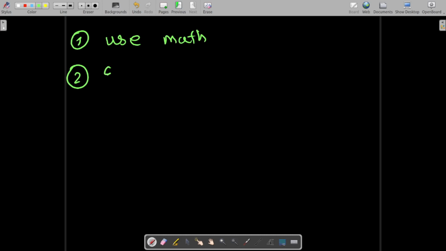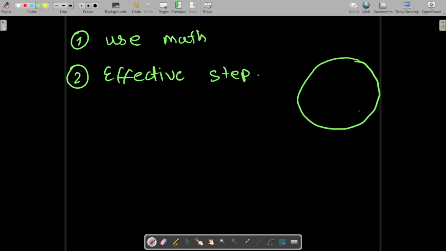The second observation is that we need to find the effective step. Now, what do I mean by an effective step? Let's suppose you go to a park which is circular, and let's suppose its circumference is 400 meters. Let's say this is the entry point. You tell your friend that you moved in the clockwise direction 600 meters.